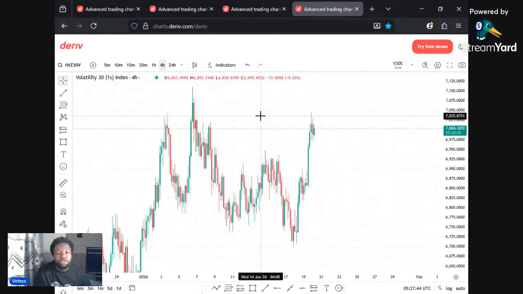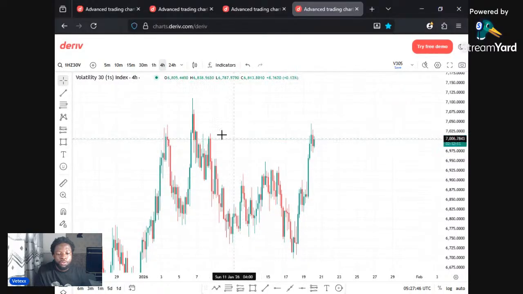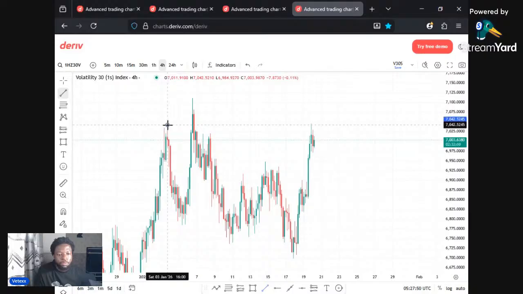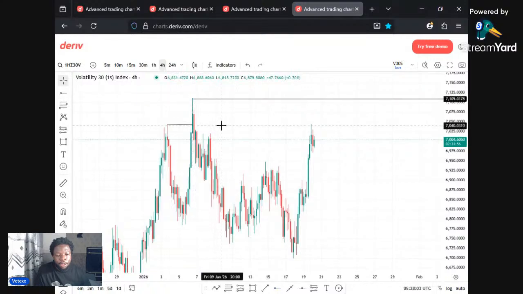Now, this is what we are going to do. You can easily spot that we have a sweep of liquidity, which is here. This is also the 4-hour time frame. You can spot the sweep of liquidity, which is right here. After the sweep of liquidity, you can spot your protected high, which is right here.